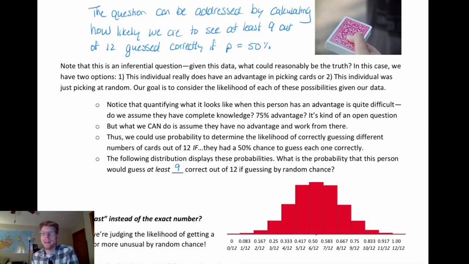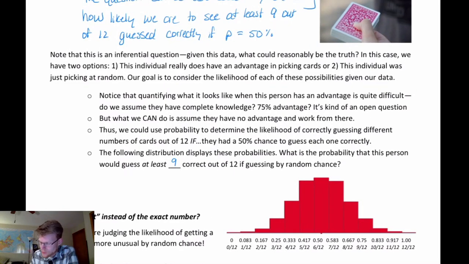So that's why we're going to calculate this whole range right here: how often we're getting 9 or above. If she had guessed 10 correctly, that's also unusual, so we want to lump that into the same category of results, because that's how unusual our particular result was.